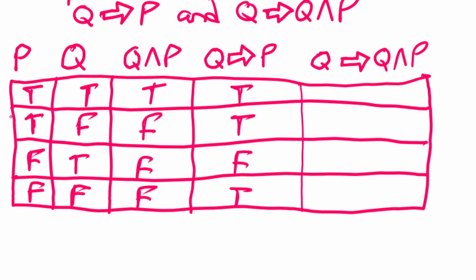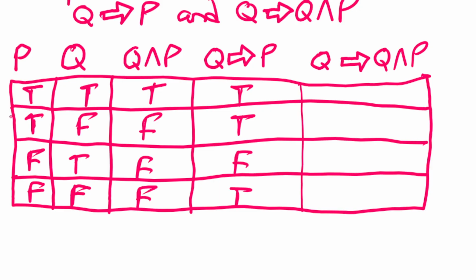So if you remember, an implication is only false when the statement that is being implied is false and the one leading to the implication is true. So when Q is true and P is false, Q implies P is false, but everything else is true.